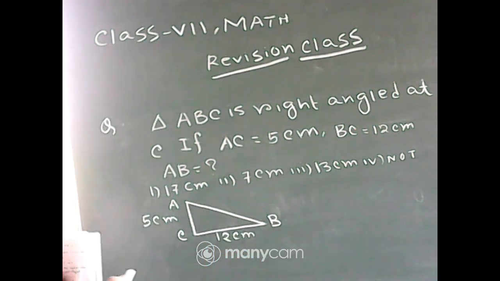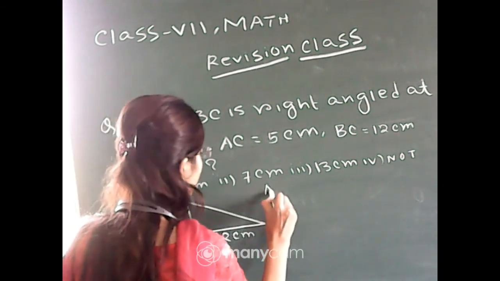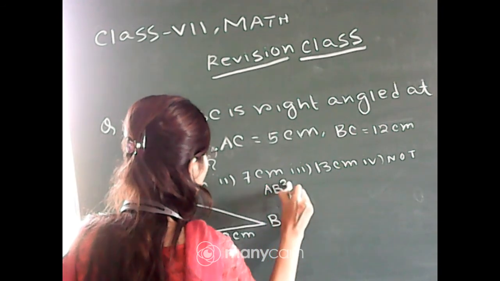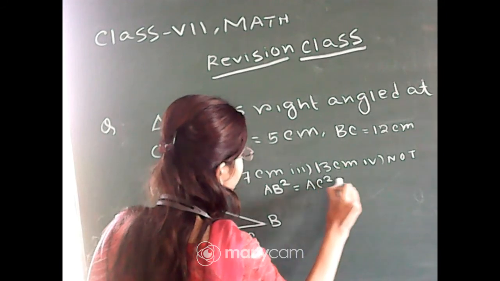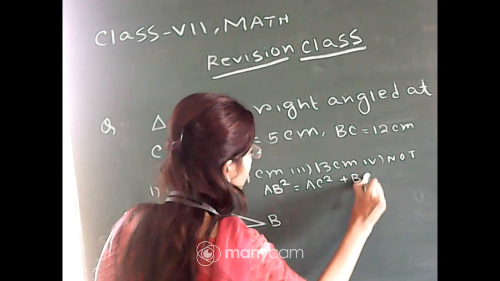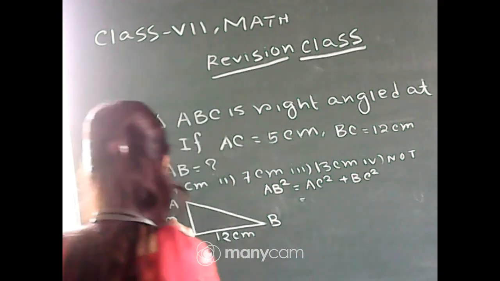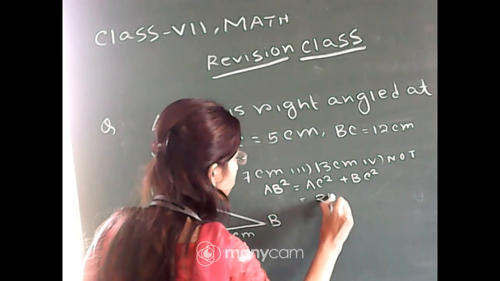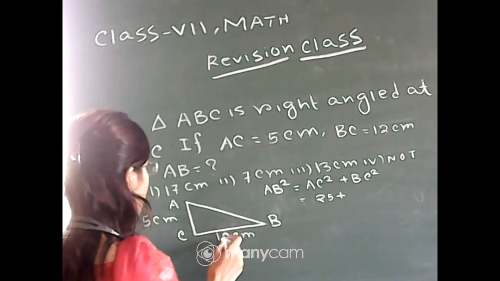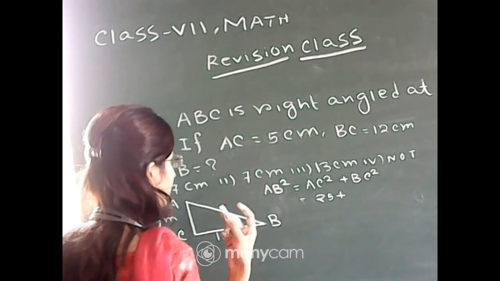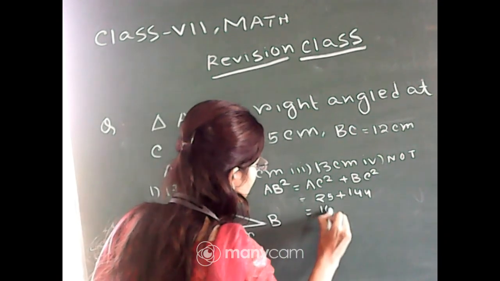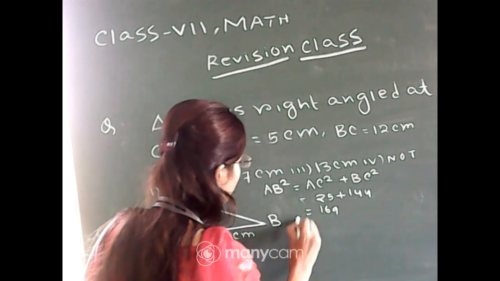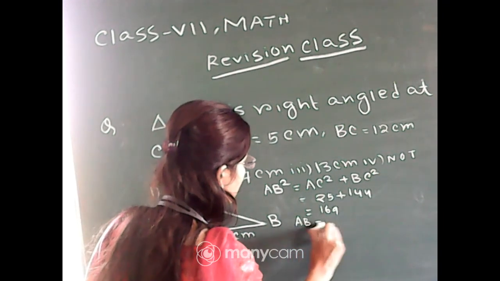Therefore, using Pythagoras theorem, we get AB square, that is hypotenuse square, is equal to AC square plus BC square. 5 square is 25 and BC square is 144. Therefore, this is 169. Therefore, AB is equal to 13.